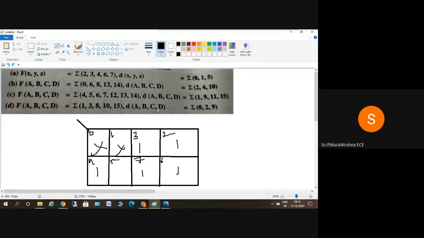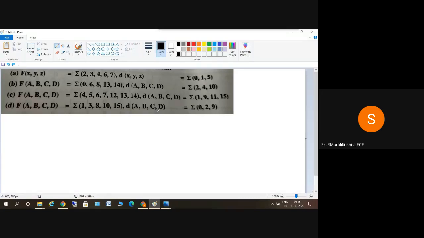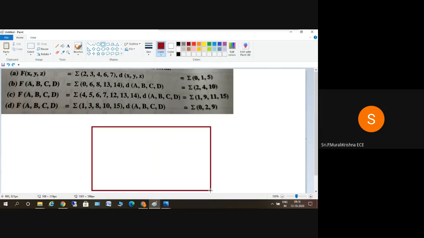Okay, and we'll see the second one. So it is a 4 variable Kmap.